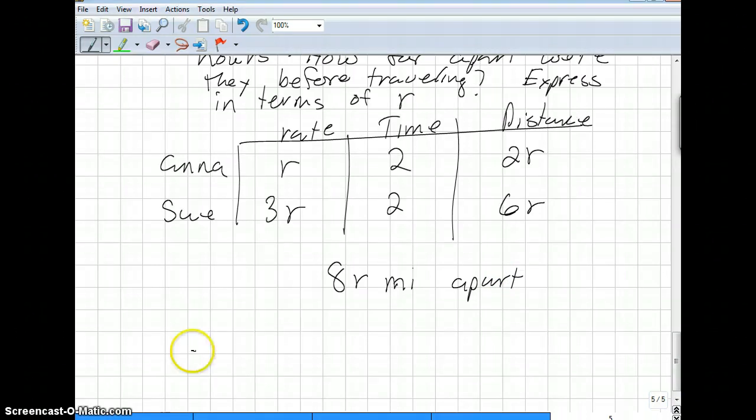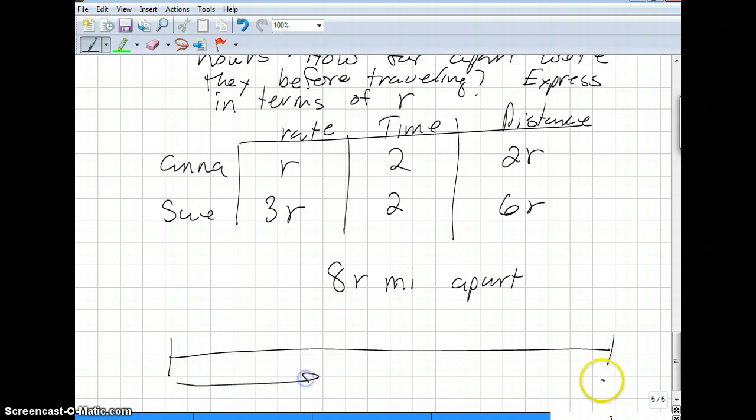Okay, so in other words, they're traveling towards each other, and Sue traveled 6R and Anna traveled 2R. So they met about right here, but the total distance that they were apart was 8R.